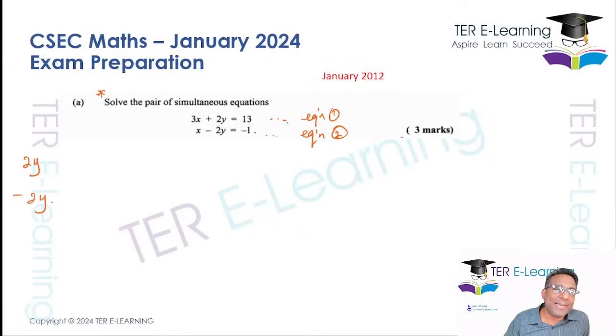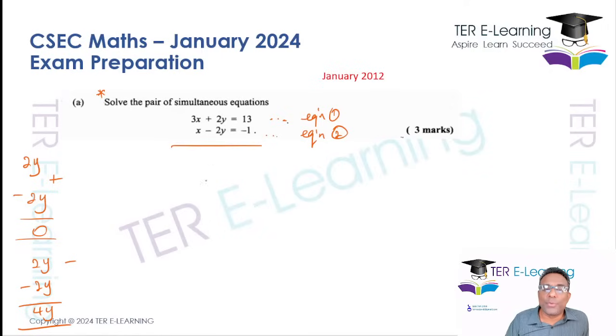If you want to eliminate them, what you really need to do is to add. When you add these 2 things here, you're going to get 0, right? I know 1 or 2 people said we should subtract, but watch what happens when you subtract. If you have 2y and you have minus 2y here, and you attempt to subtract, that is the same as saying 2y minus 2y and that's going to give you 4y. So therefore, you're not eliminating y at all.